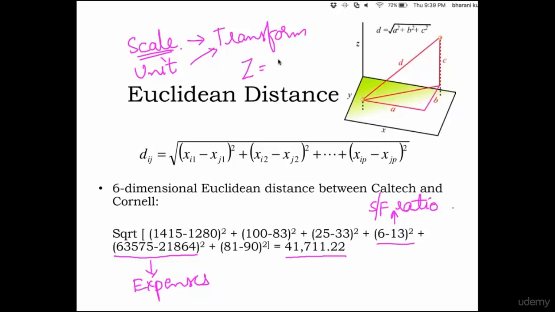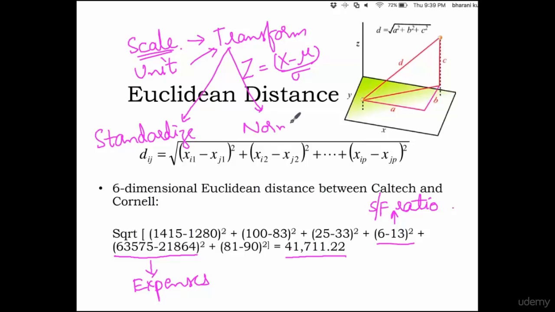Using z value. Z is equal to x minus mu over sigma. When you transform, everything will come to more or less the same scale. When I say transform, what I exactly mean is standardizing the data or normalizing the data. Both mean the same. You either standardize or normalize the data.